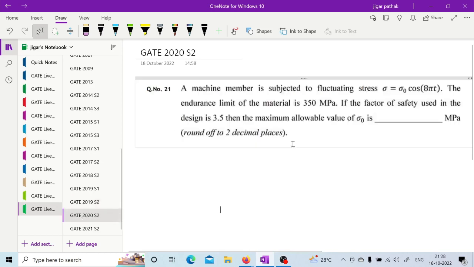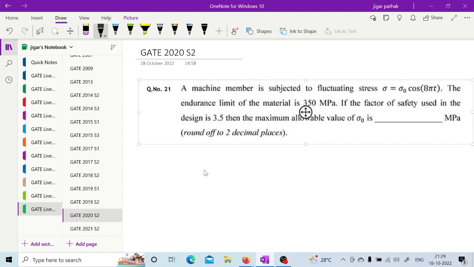The next is the machine is subjected to this fluctuating stress, then the endurance limit is this, factor of safety used is this 3.5, then the sigma naught is. You can calculate this. Try and calculate. See, maximum and minimum will be at maximum and minimum, right?